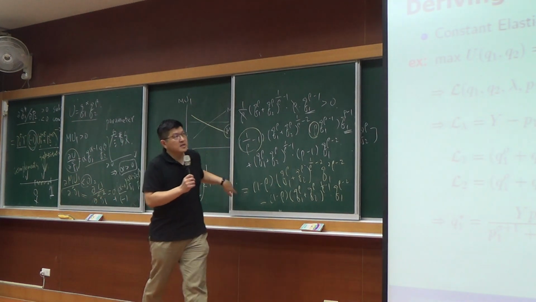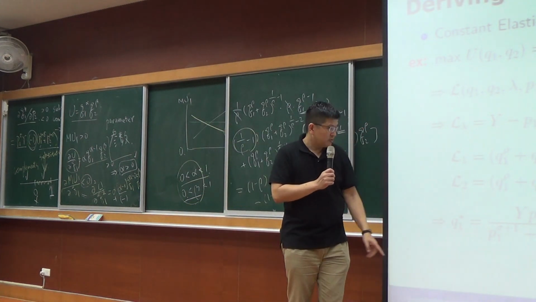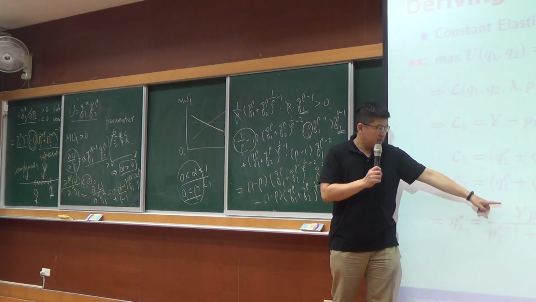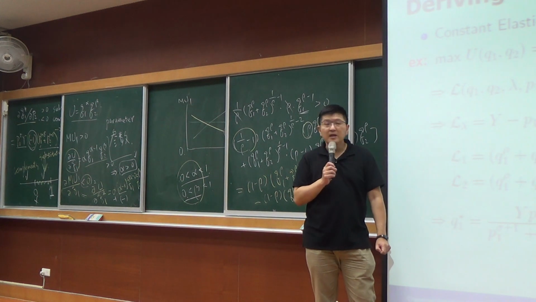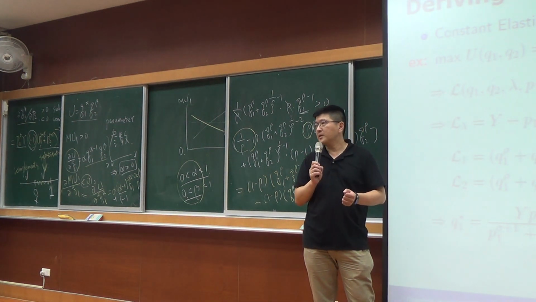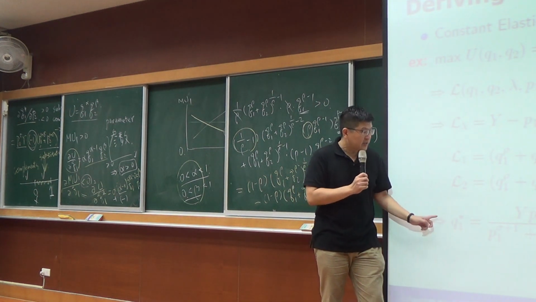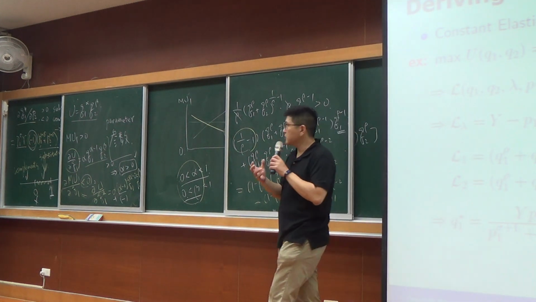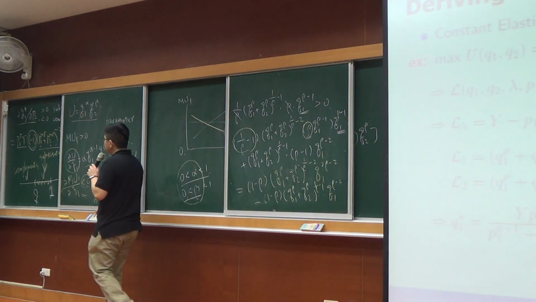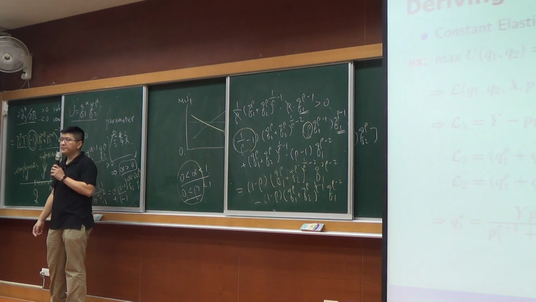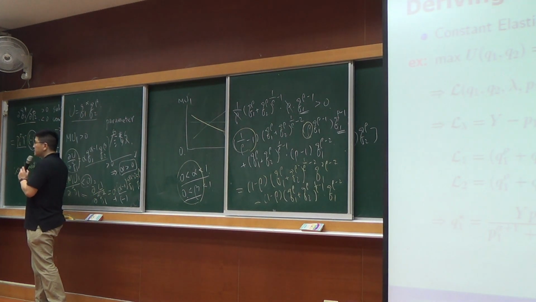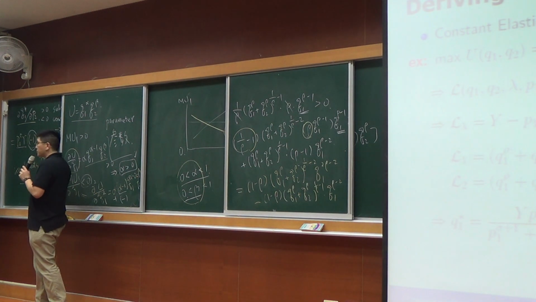But in CES, you see Q1 is a normal good, satisfying the law of demand. And the relationship between good 1 and good 2 depends on the value of rho. So if rho is here, then these two goods are substitutes.